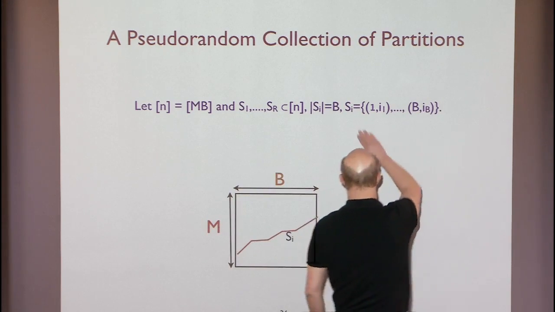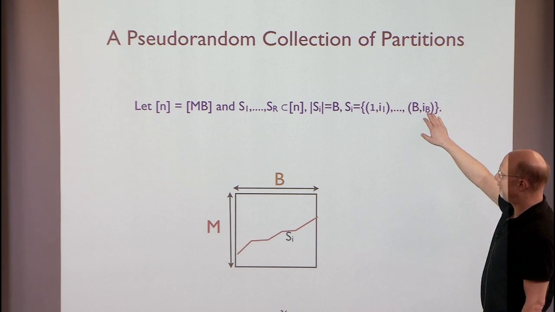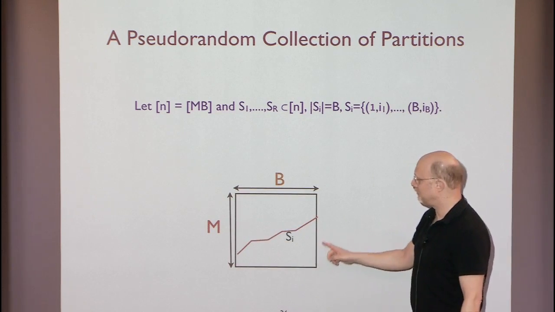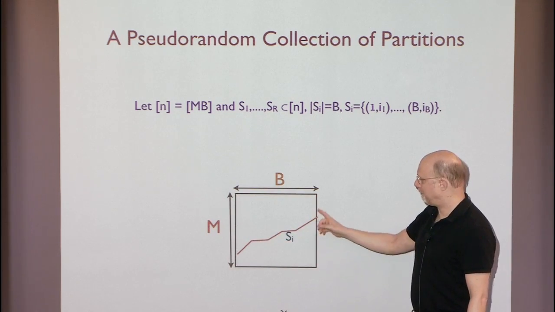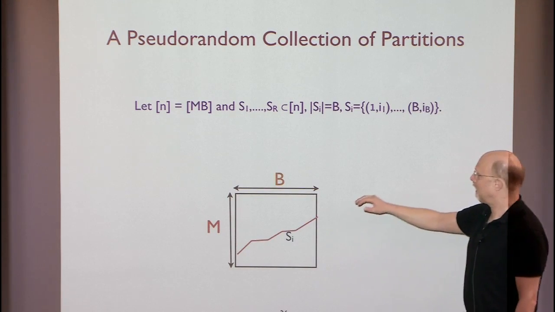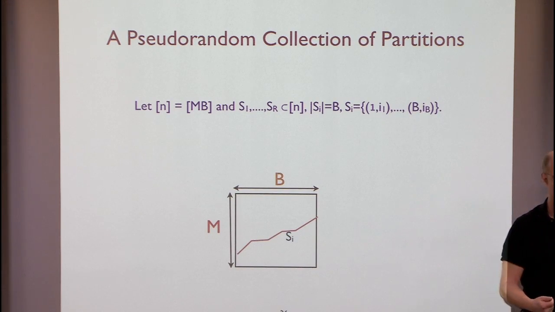So this corresponds to a set, 1 I1, 2 I2 through b Ib. Okay, and think of this as our whole universe. So this is n. N is m times b.